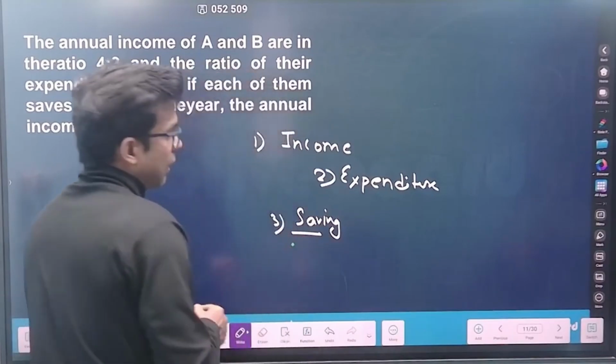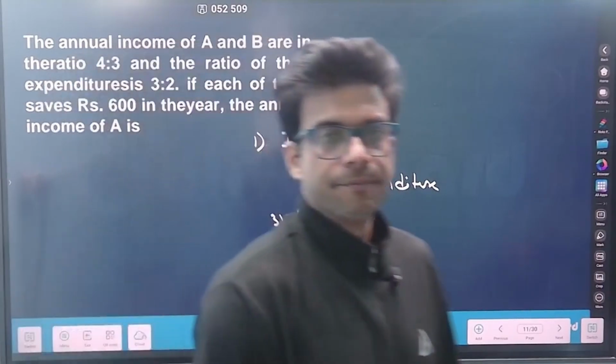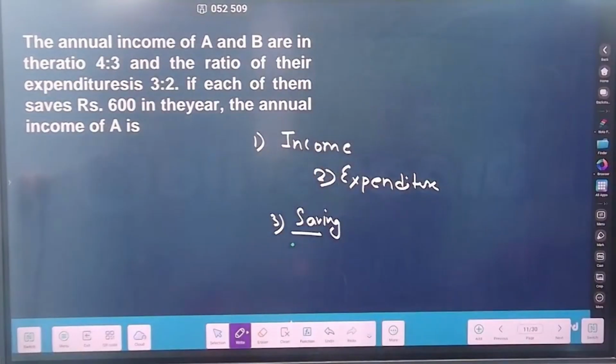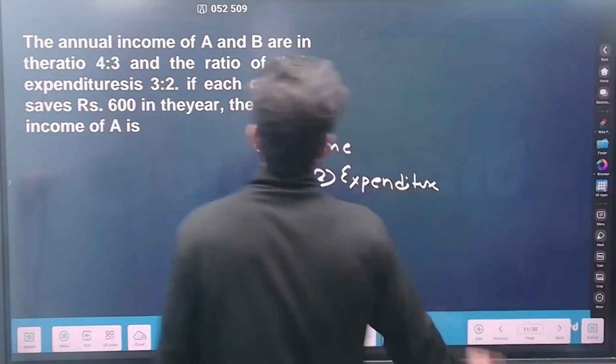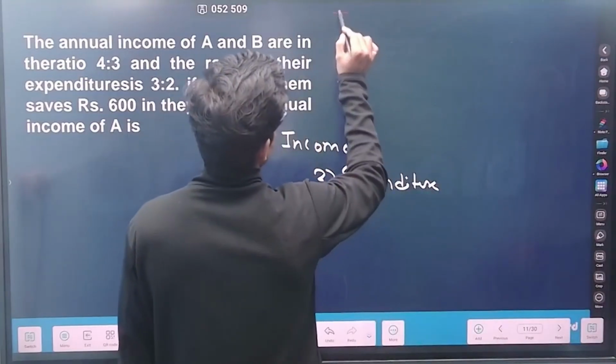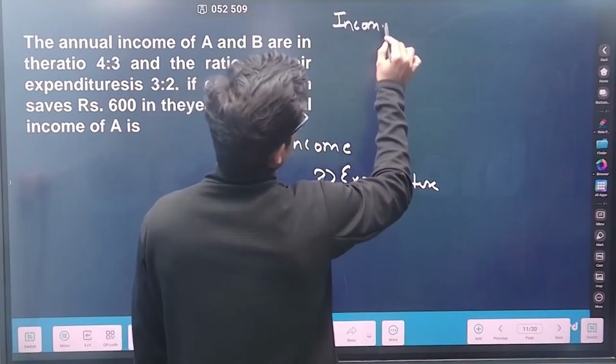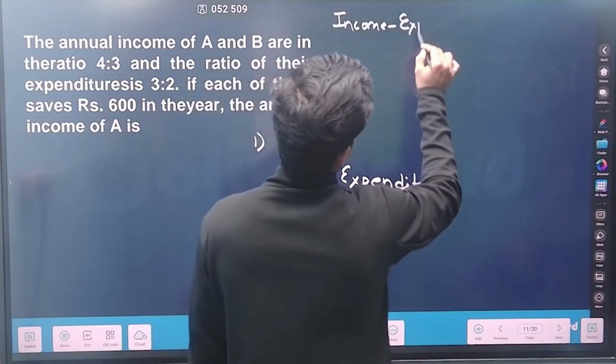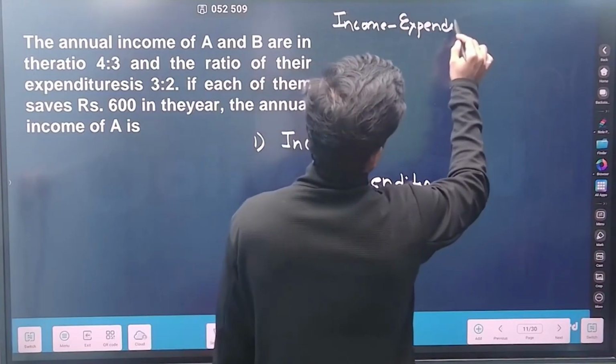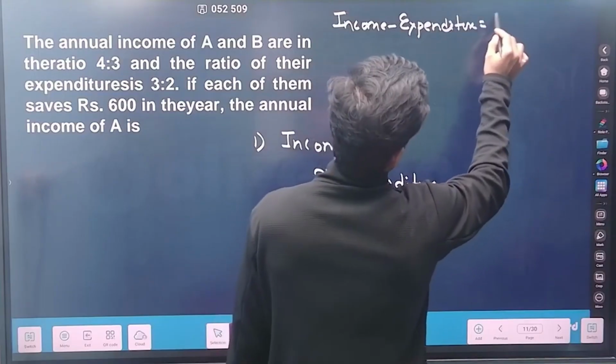Very importantly asked in the banking exams. So basically what happens? Income minus expenditure is equal to saving.